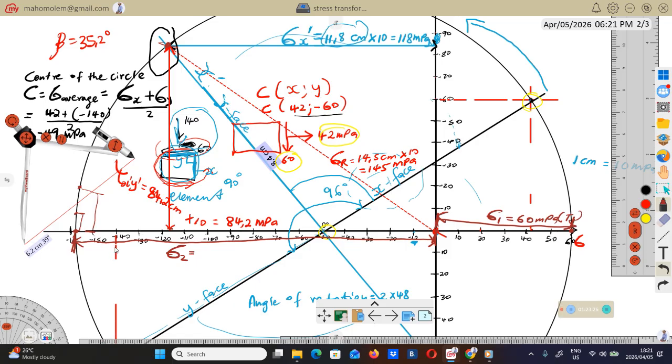Multiplied by 10 is 158. Yes. You can see this is 150, this is 160, so somewhere here will be 158 MPa. So that's all for the principal stresses.